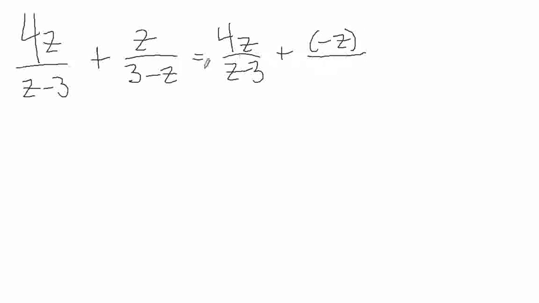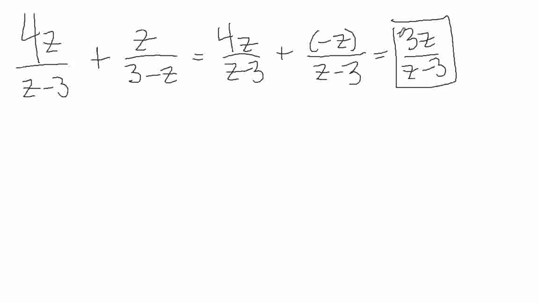Let's multiply the bottom by minus 1, which is equivalent to just flipping the order. Now we have this. Now the denominators are the same, so we're good to go.